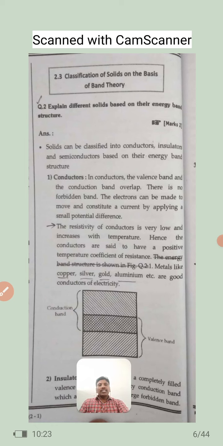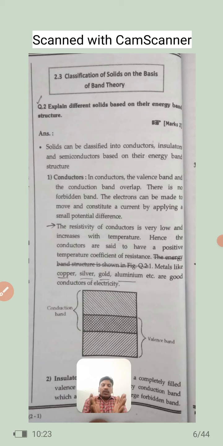When we see the different types of solids based on energy band, that is, based on electricity, they are of three types: conductors, insulators and semiconductors.